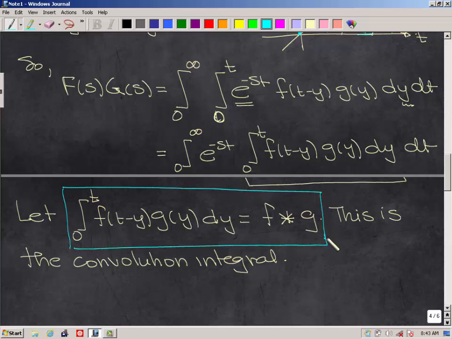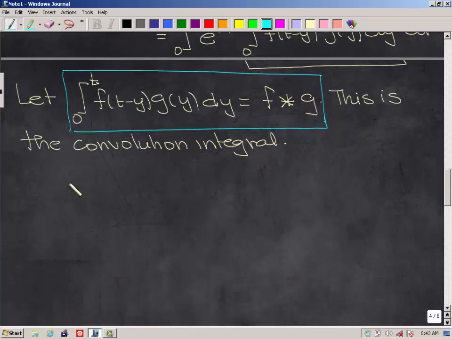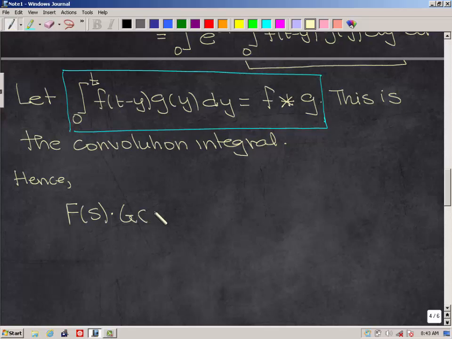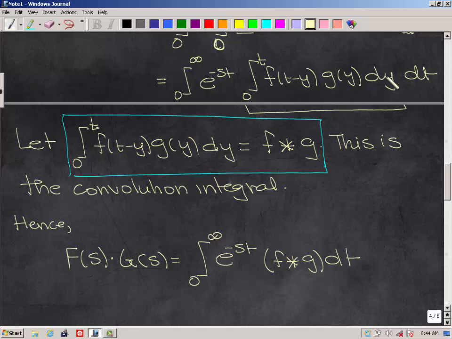Okay. So what does that do to the integrals that we were working with? We had F of s times G of s is equal to integral 0 to infinity e to the minus st. Now on the inside we get f star g dt, because we changed that inside integral, and we call that convolution, so it's called f star g.